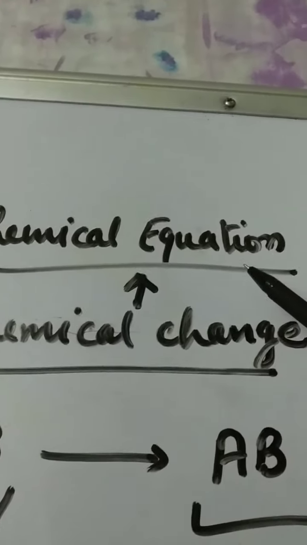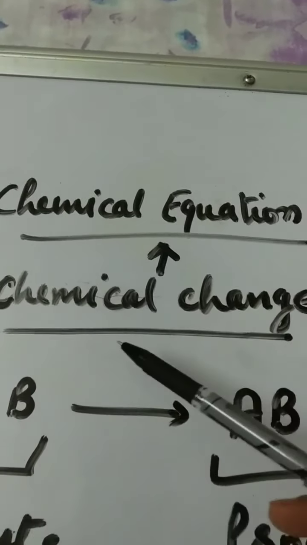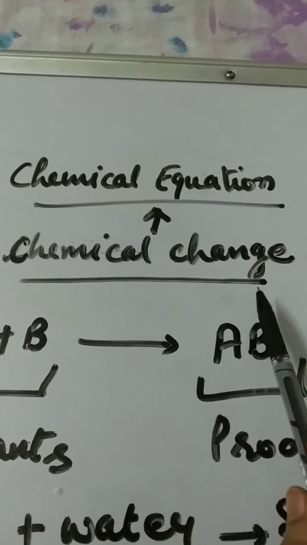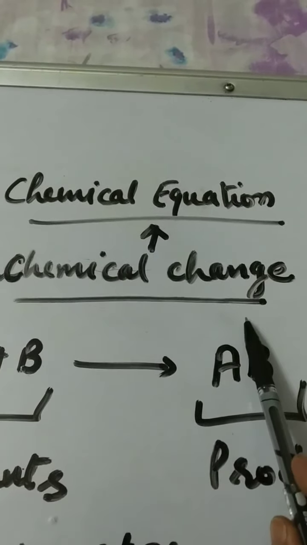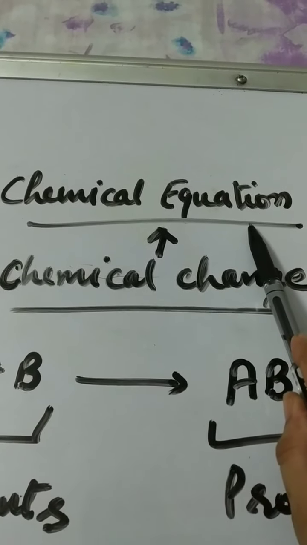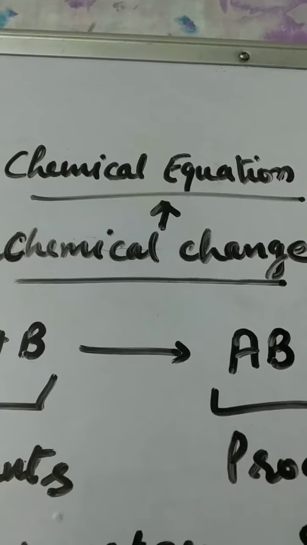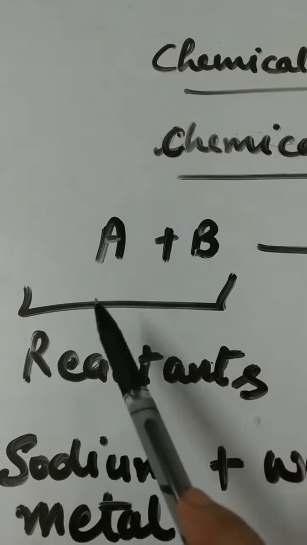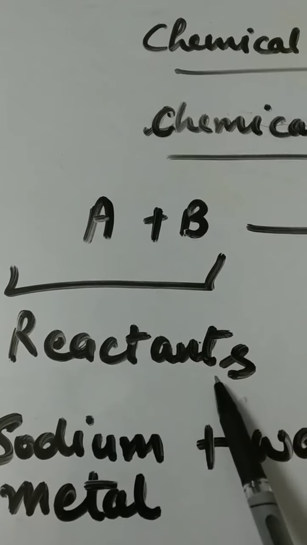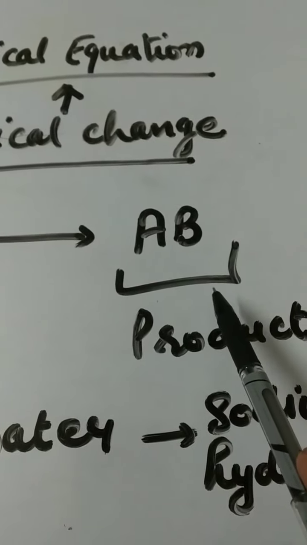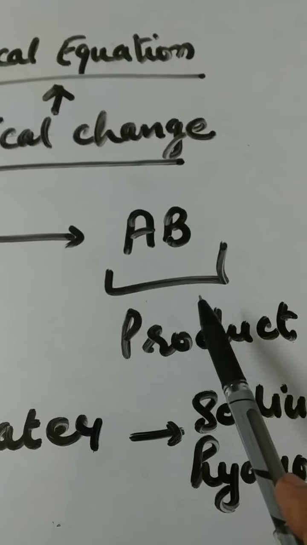Chemical equation. A chemical change, that is a chemical reaction, is represented by a chemical equation. We know in a chemical reaction the substances we start with are called reactants, and those we end up with are called products.